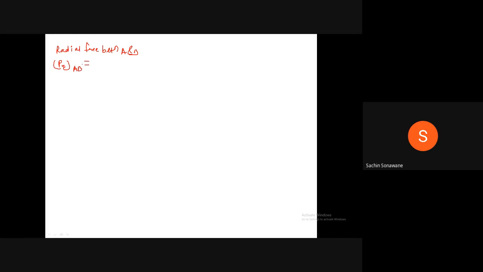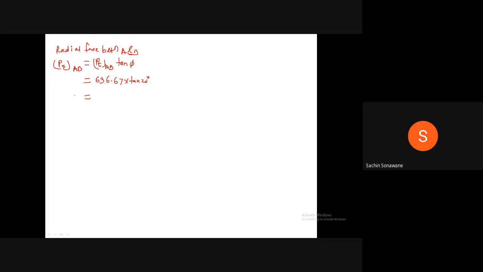What is the radial force formula? PT tan alpha. Sorry, PT tan phi. Here, in some books they have taken alpha as the pressure angle. We have taken phi as the pressure angle. Therefore, write down here which is equal to 636.67 into tan of 20 degree.